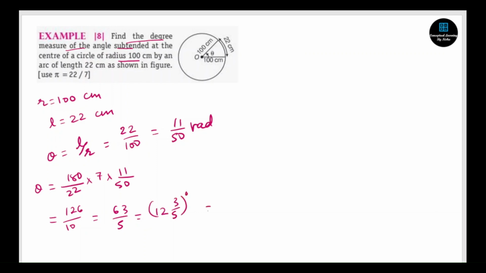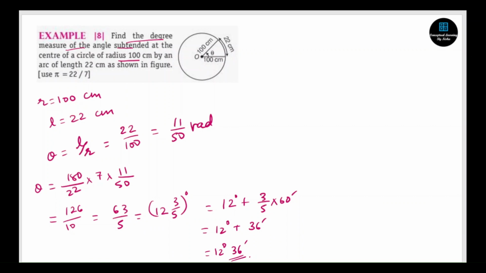Again you have to convert this into minutes using the same technique. So 3 over 5 times 60 minutes. So what do we get? 12 degrees and 36 minutes, right? So the answer is 12 degrees 36 minutes, correct? So this is the angle subtended by this arc. All right.